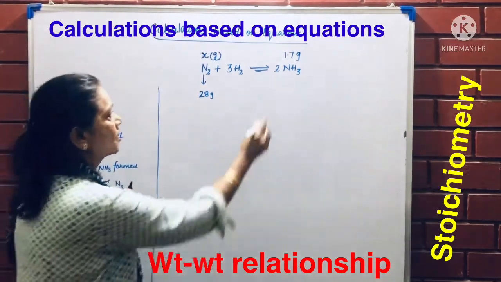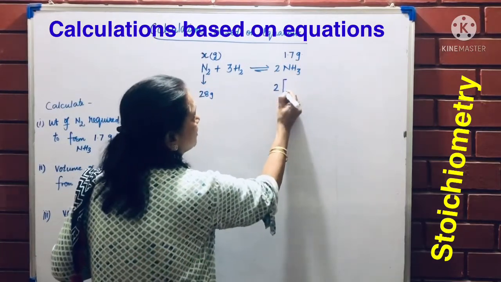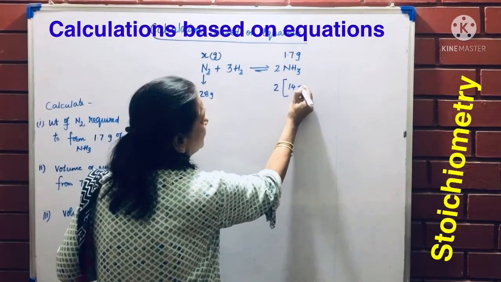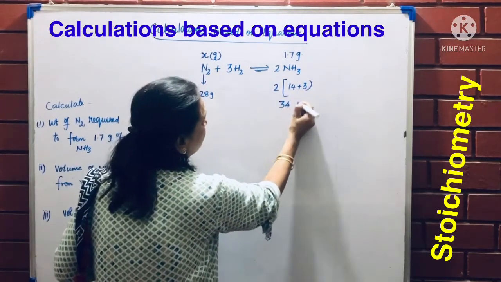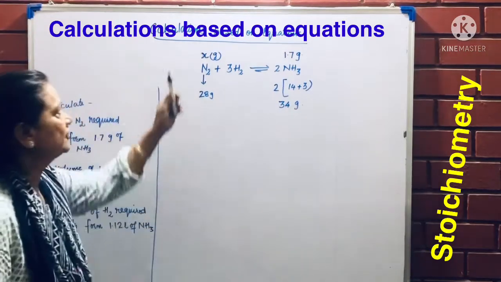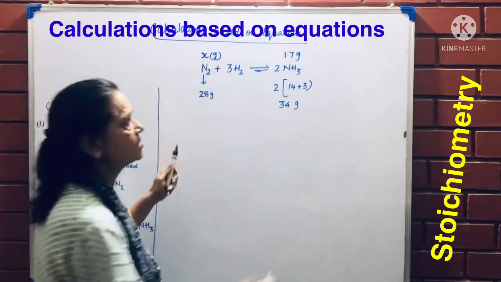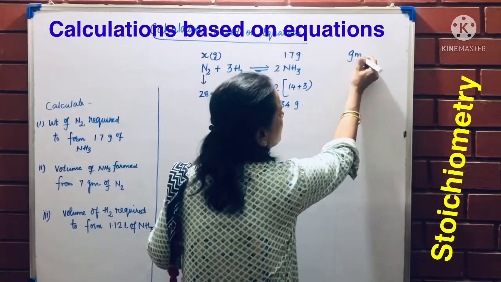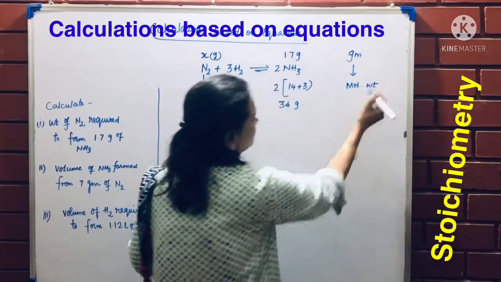Now here, again this is in grams. I'll find the molecular weight. 14 plus 3, 2 into 17, which is 34 grams. If it is in grams on top, find the molecular weight. Grams on top, below that should be molecular weight.